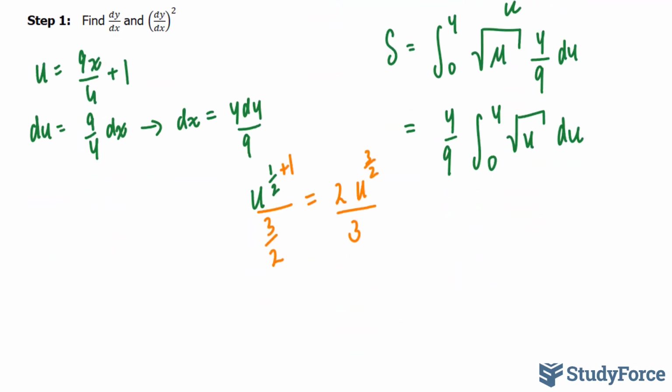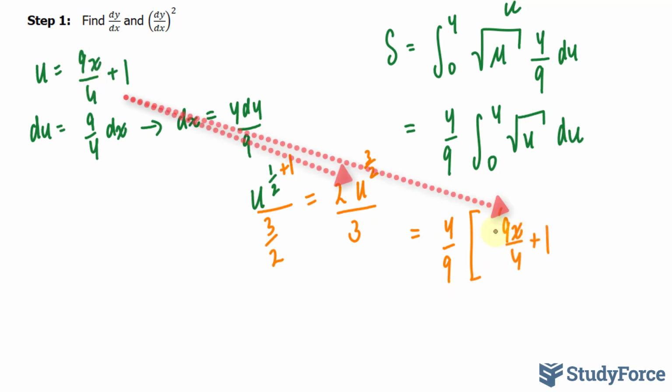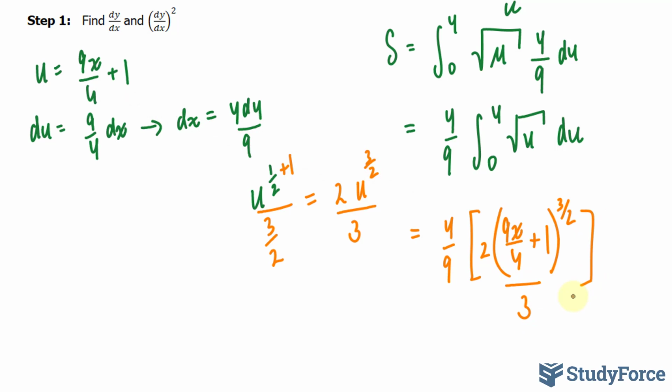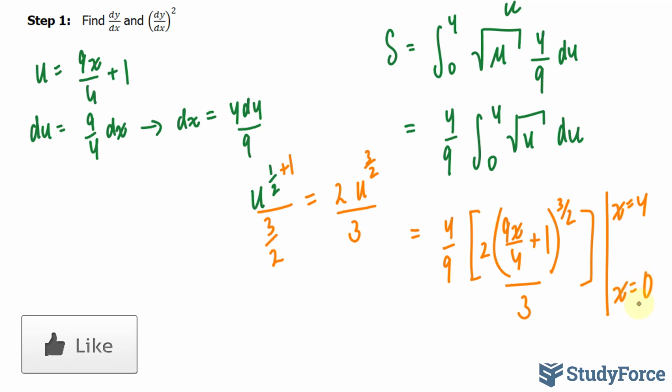And of course I will replace u back with what I set it to, giving us 4 over 9 square bracket 9x over 4 plus 1 to the power of 3 over 2 times 2 over 3. Now I have to find out what this is at x is equal to 4 and what this is at x is equal to 0.